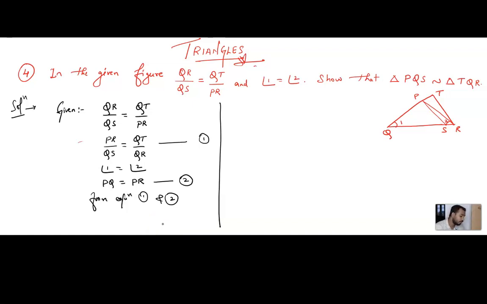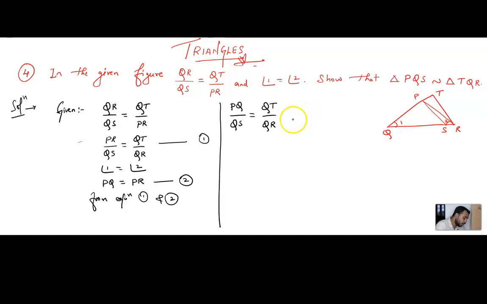In place of PR in equation 1, we are going to substitute PQ. So PQ by QS is equal to QT by QR. Got it? So the step we have got is PQ by QS is equal to QT by QR from equations 1 and 2.